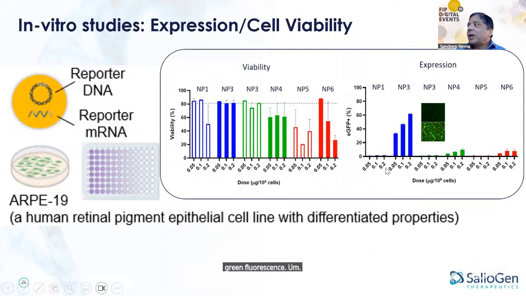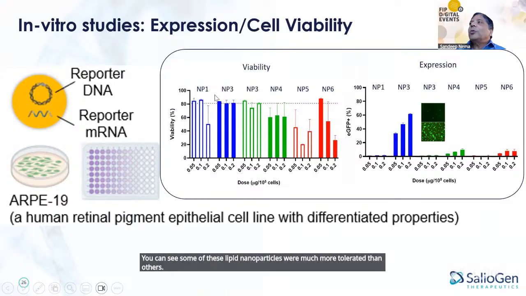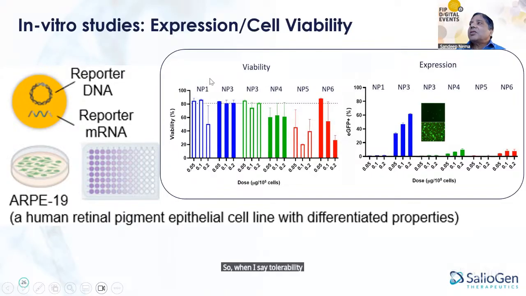protein being expressed. As you can see, here we use a variety of different ionizable lipids. You can see some of these lipid nanoparticles were much more tolerated than others. So when I say tolerability, that means the cell viability was high. And then you also see differences in the expression of the amount of GFP.